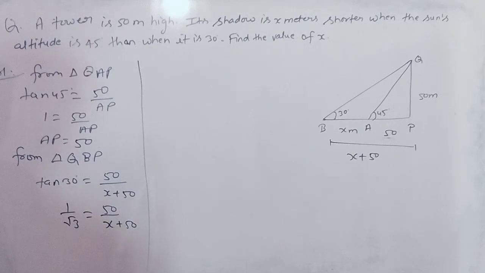Now here it will be x plus 50 is equal to 50 under root of 3.